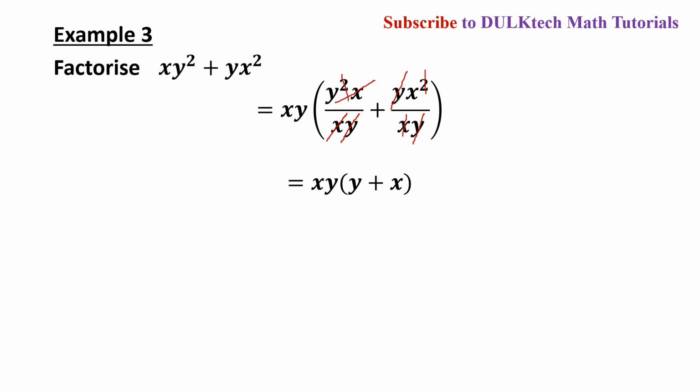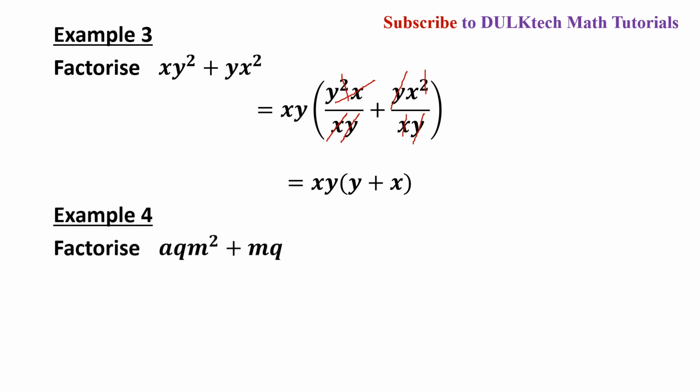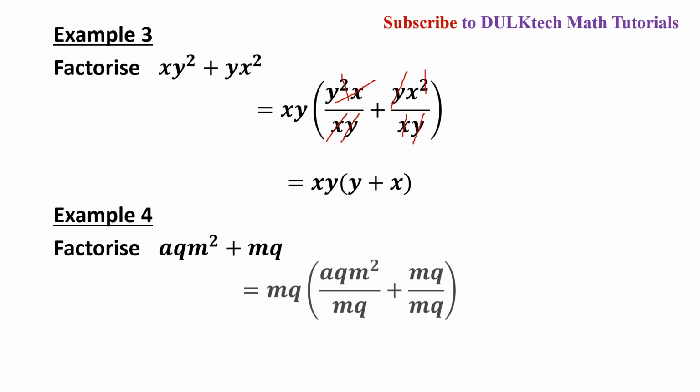Our fourth example, factorize amq squared plus mq. The highest common factor here is mq, so we are going to take mq and rewrite this one as it is. After that we divide every term in the brackets by the highest common factor mq. This m in the denominator here will cancel with one of the m's here, so we remain with m.